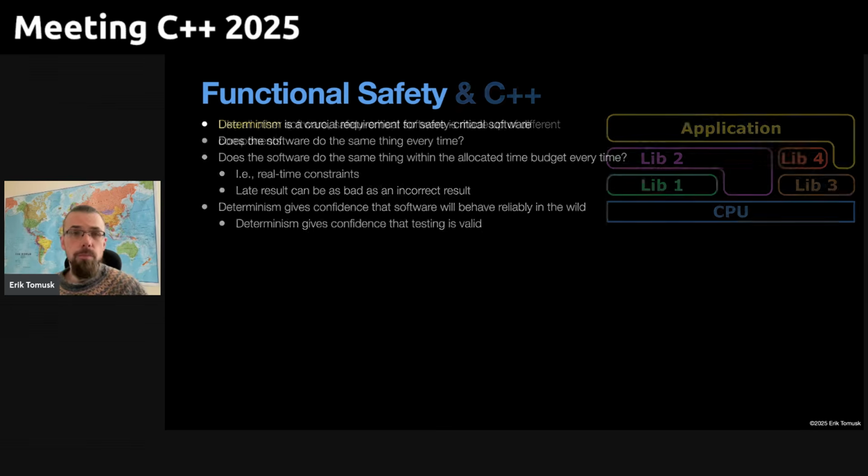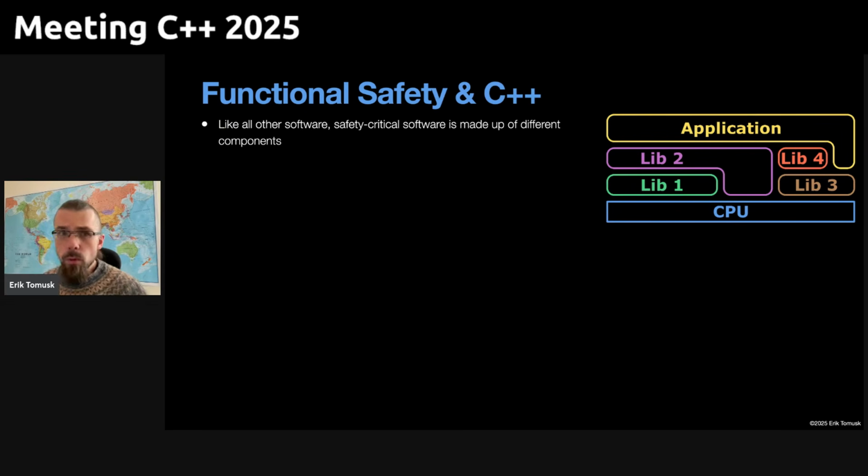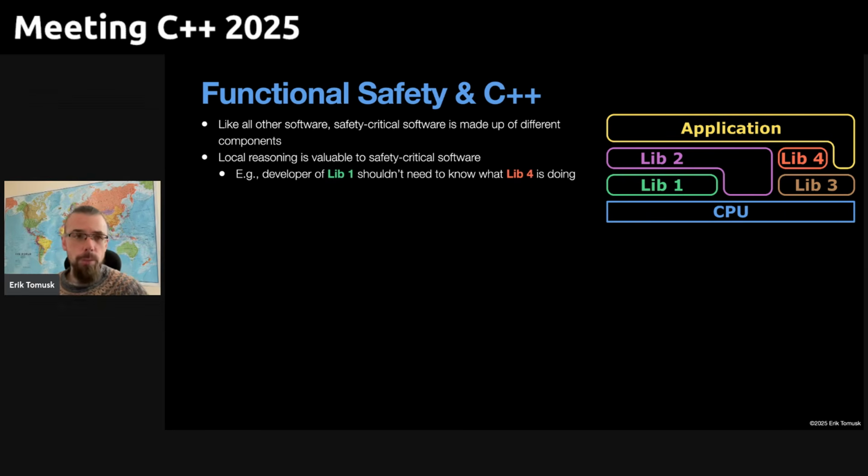So then when we think about functional safety in C++, just like all other software, safety critical software is made up of different components. And that means that local reasoning, like in C++, is valuable for safety critical software. For example, if this diagram I have here represents some safety critical software application, the developer of library 1 really shouldn't need to worry about what library 4 is doing.